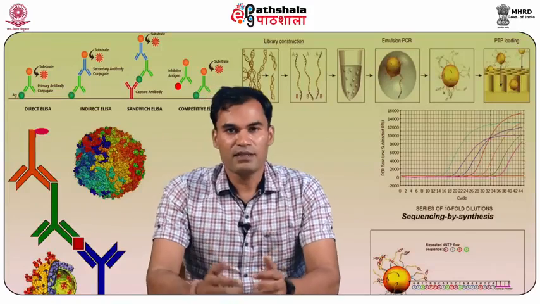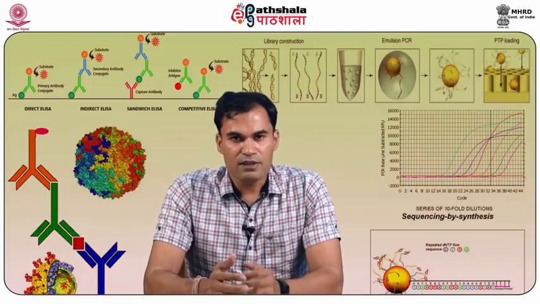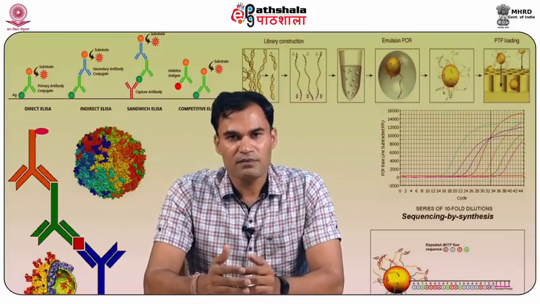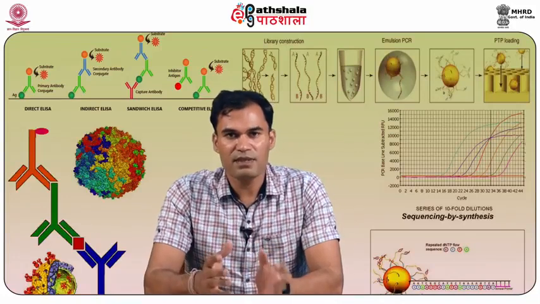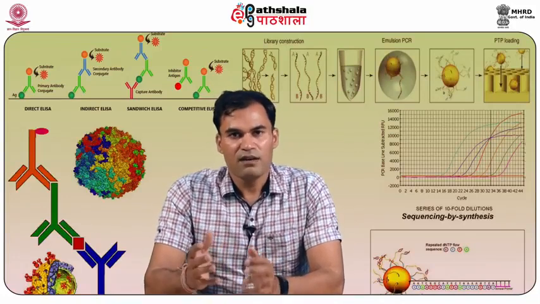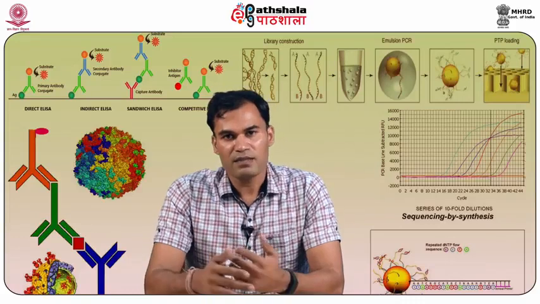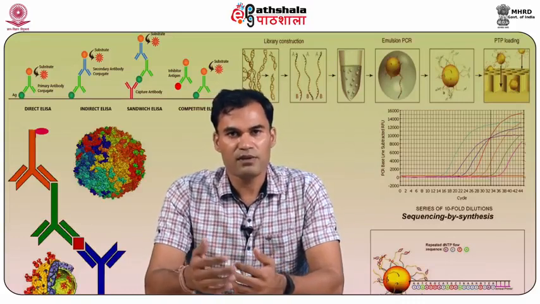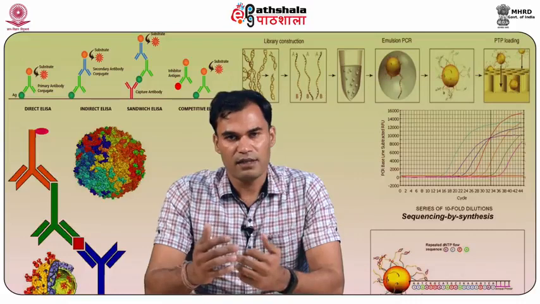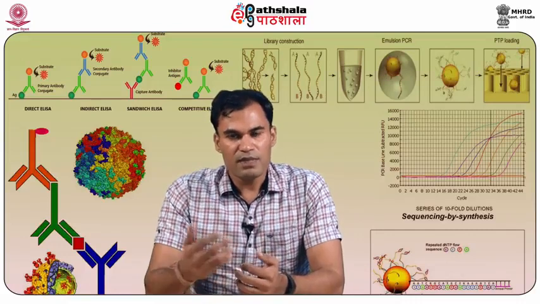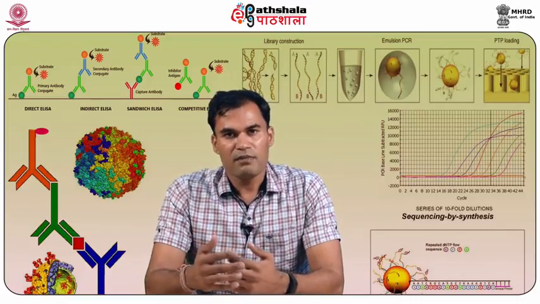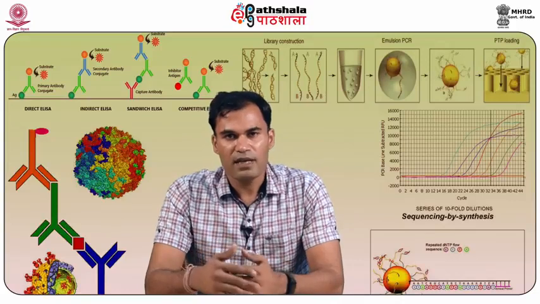So in this slide, we are summarizing our lecture. First of all, we discussed the fermentation process. So what is fermentation? Fermentation is a process in which we convert complex molecules like glucose into simpler molecules like CO2 and ethanol. The fermentation process can be aerobic or anaerobic.